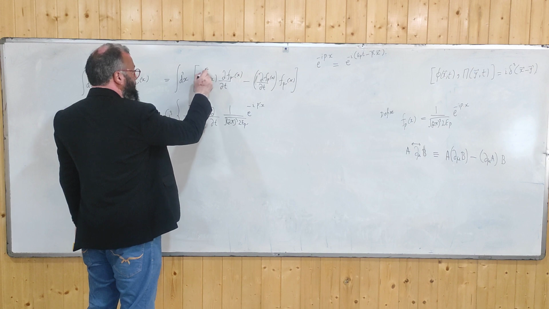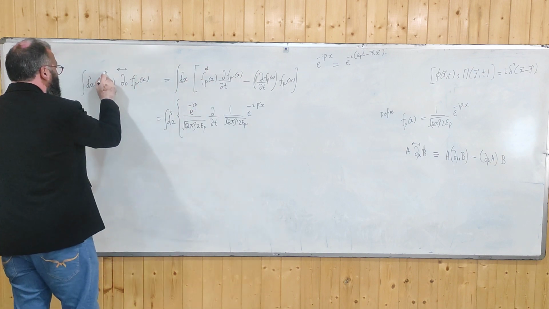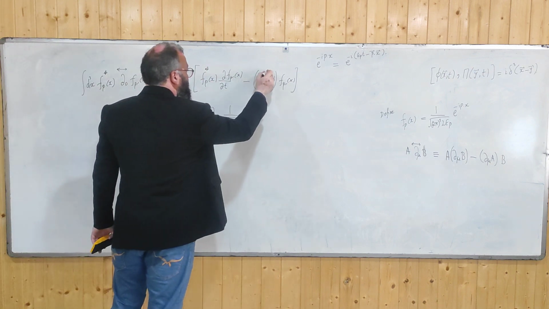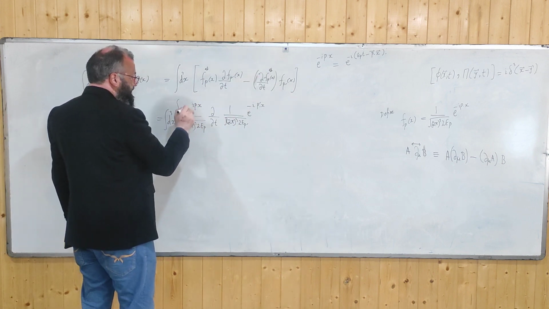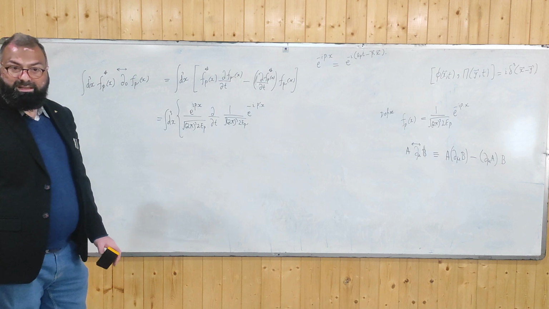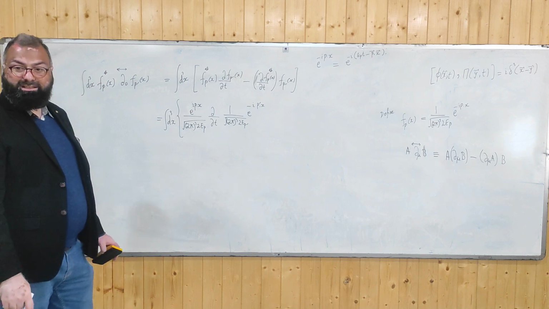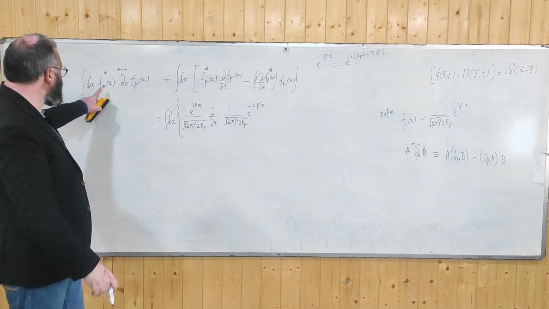I will take a star here, so you are having the star conjugate, e raised to the power i p·x. Got it? So I'm taking the star, f star and f.